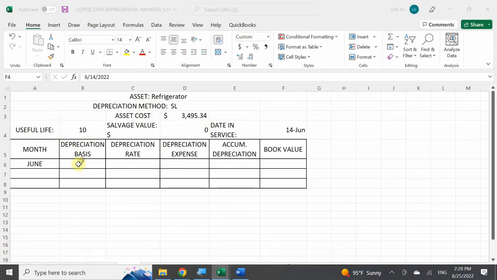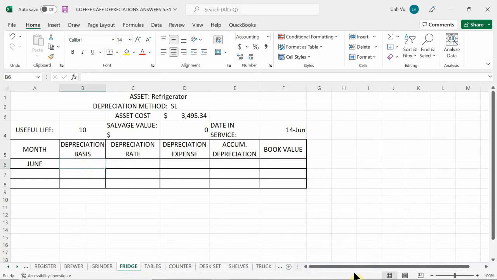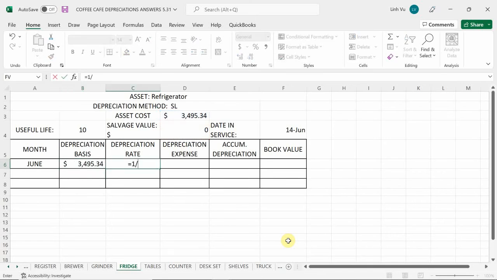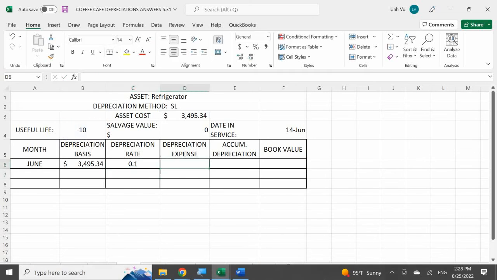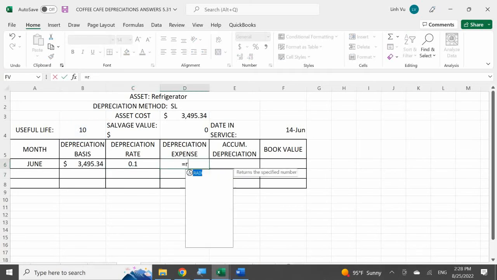All right, so how do we calculate the depreciation basis? Well, you've got the cost minus the salvage value, so it's just the cost. Okay, so in this case, what's my rate? 1/10, which is 10%. Okay, so how much is my depreciation expense? 34.95.